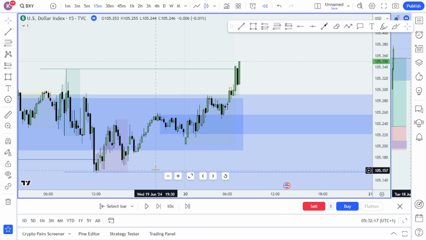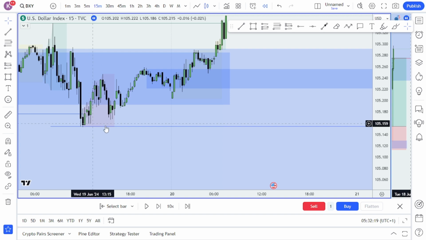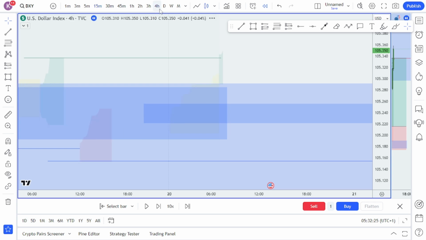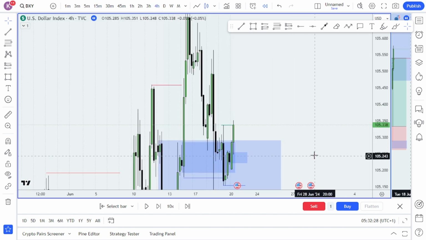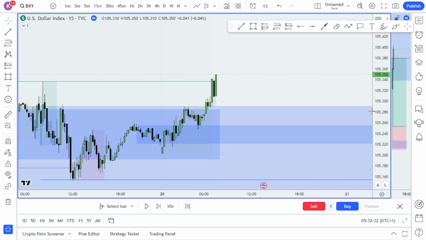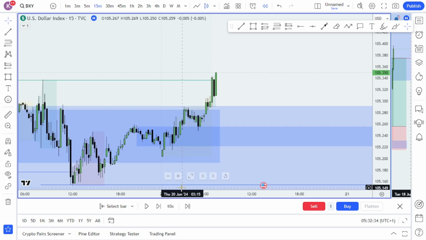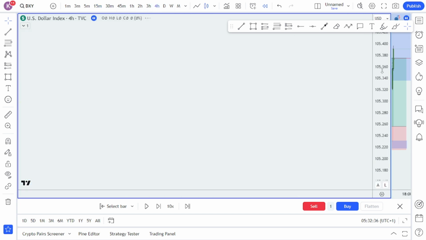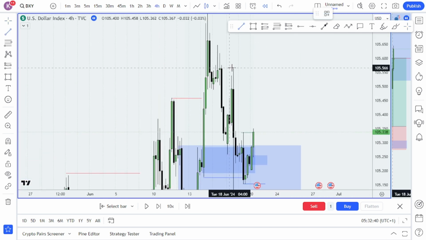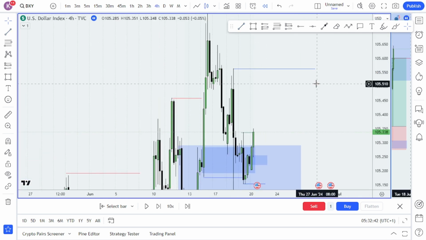Once it's a wick, I don't regard this. But the 15 is not, it closed with body. To me, based on how I trade, that's a sign that price will go higher. So instead of looking to go down, I'm going to look to go higher to this next draw, because that's the next draw we see higher.